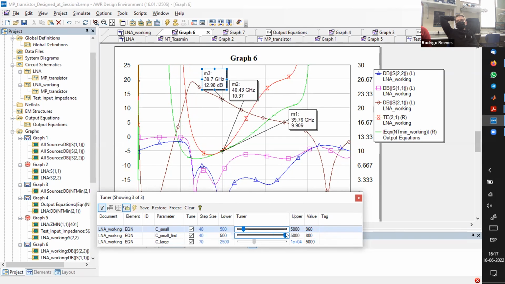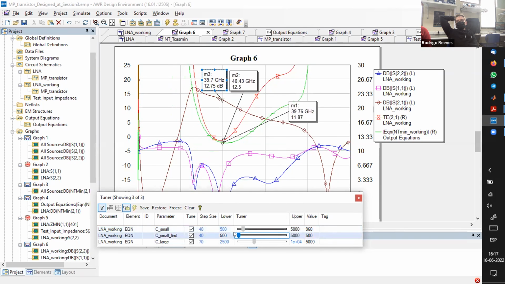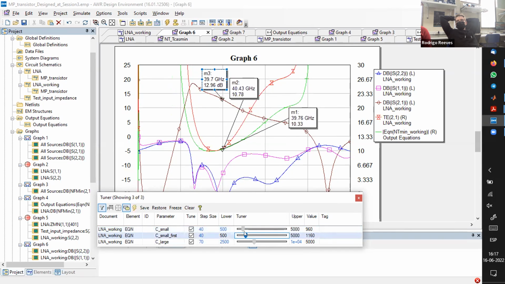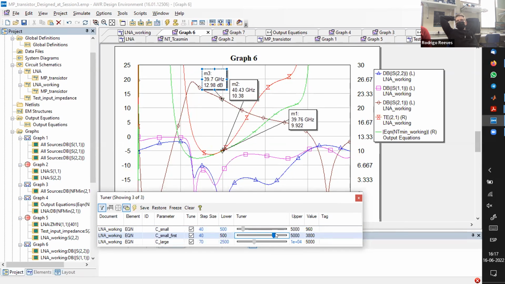Which one is that? This is the first. That needs to be large enough. That affects the noise a lot, as you can see. But it could be 2 picofarads or a bit less. But that also affects the stability. Now you are below 10 kelvins in the noise.